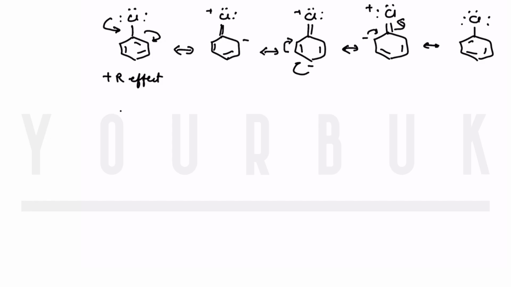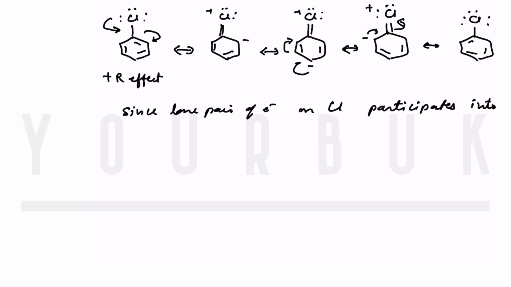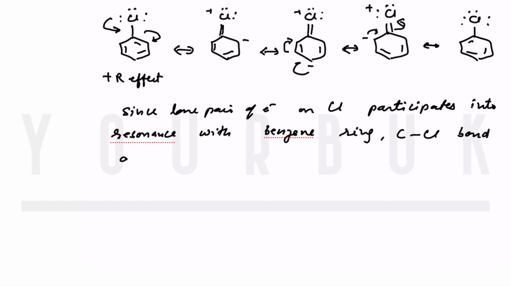Now, since the lone pair of electrons on chlorine participates in resonance with the benzene ring, the C-Cl bond acquires a partial double bond character.